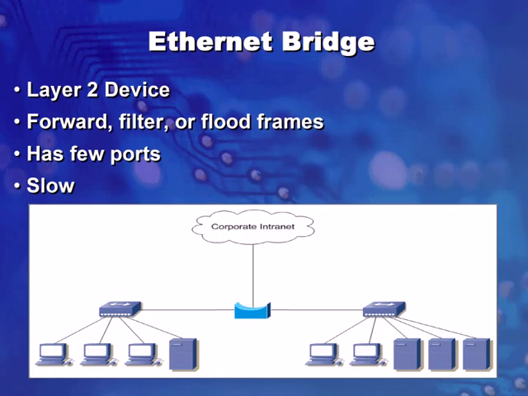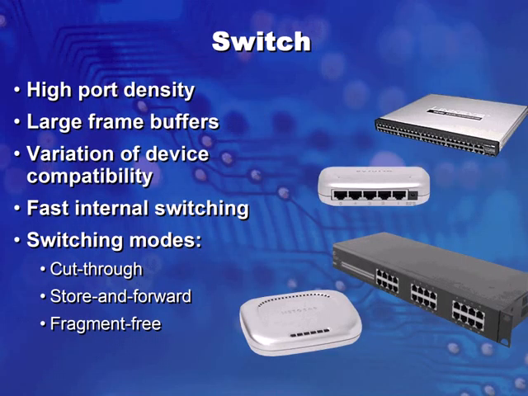So the problem with bridges, as we discovered early on, is that they were software-based and generally they only had a few ports. Right? Now there were some higher port density bridges out there, but for the most part, before the high density bridges came into play, we had another technology steal its place, and that is the switch.